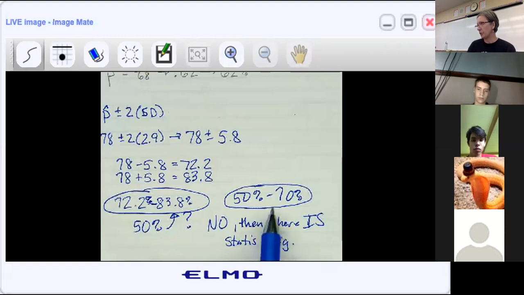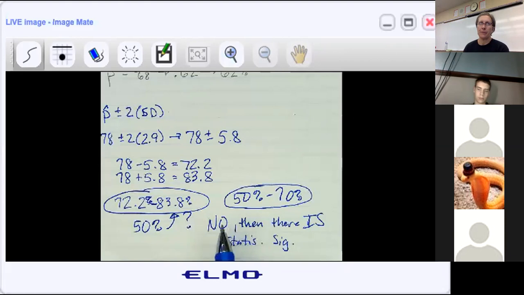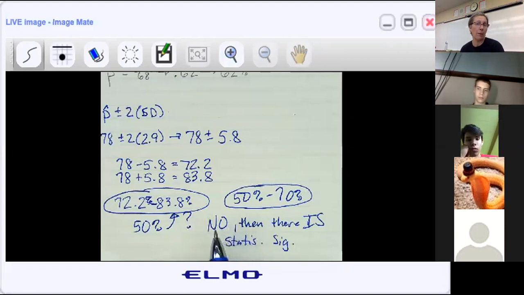Which means that probably something happened with the sample that you asked compared to the sample that, say, Jordan's mom or your partner asked. If there is not an overlap, then there is probably some sort of bias that created the statistical significance. Most people are probably going to get similar responses, and so most people are probably going to have intervals that do overlap.